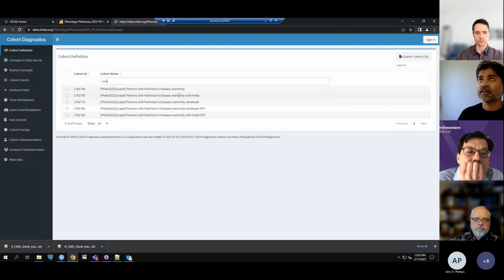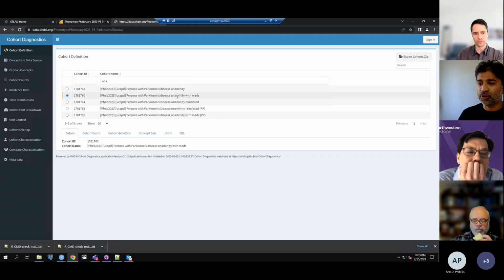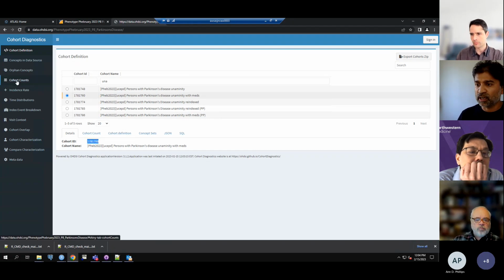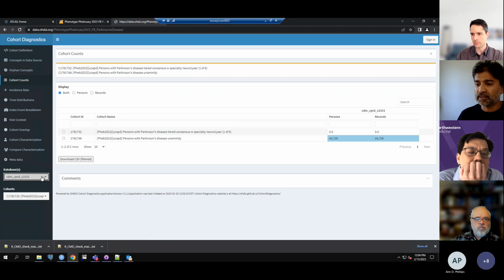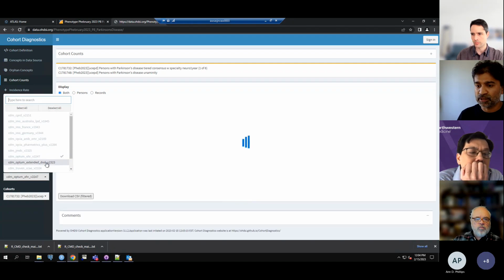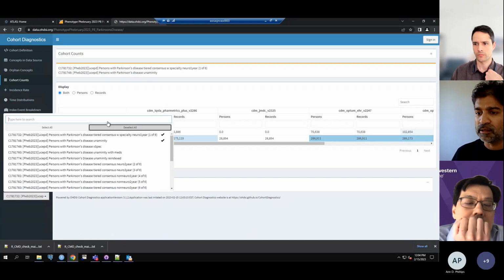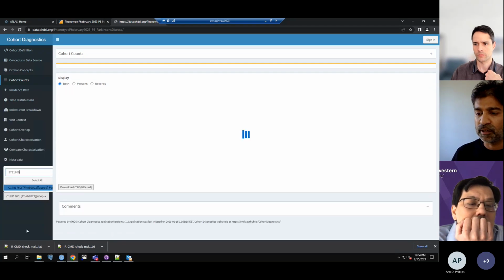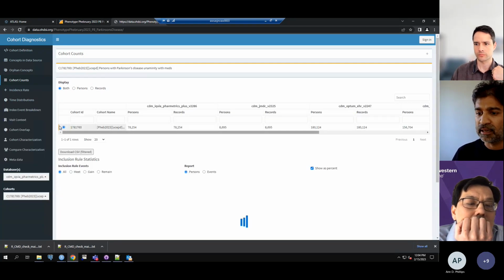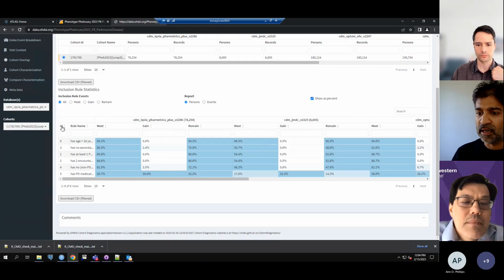And I think what you're saying is, if I go to this tab called cohort counts, and let's say I select a subset of the data sources for now, and select that definition, you have this attrition here.